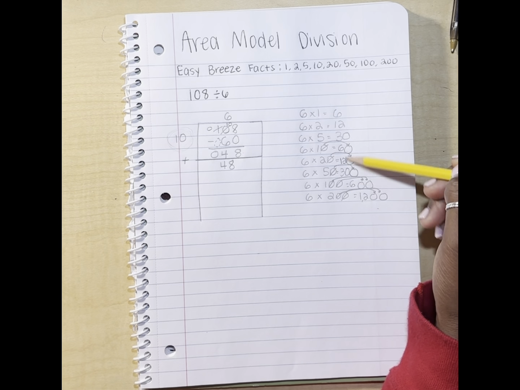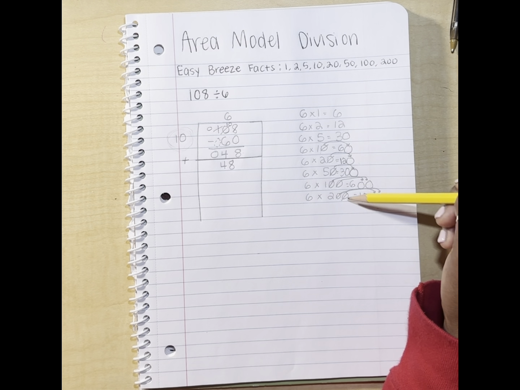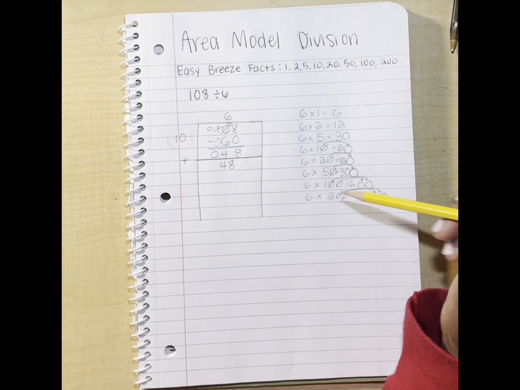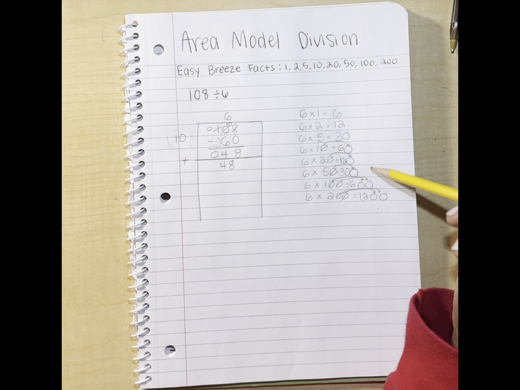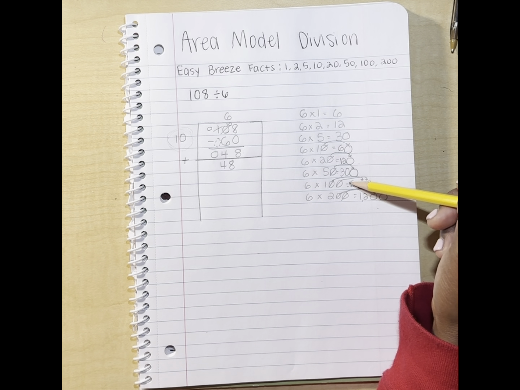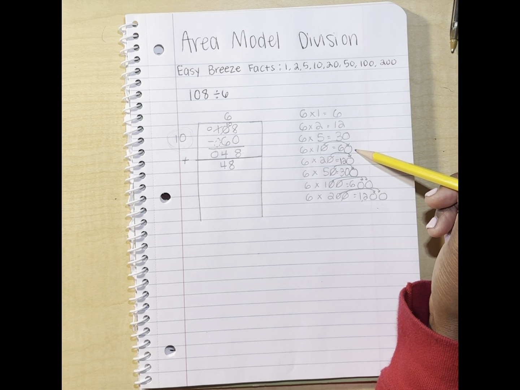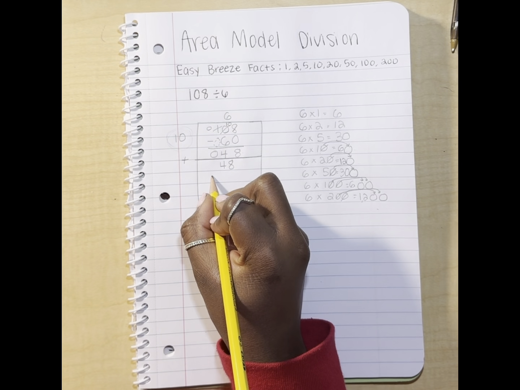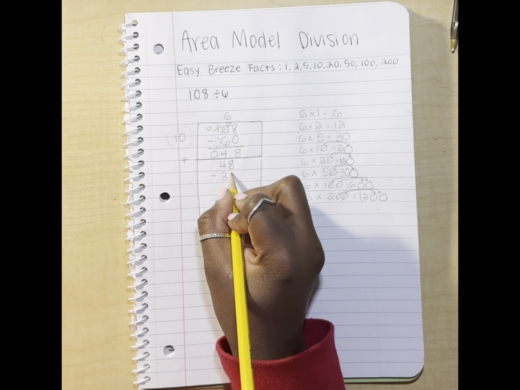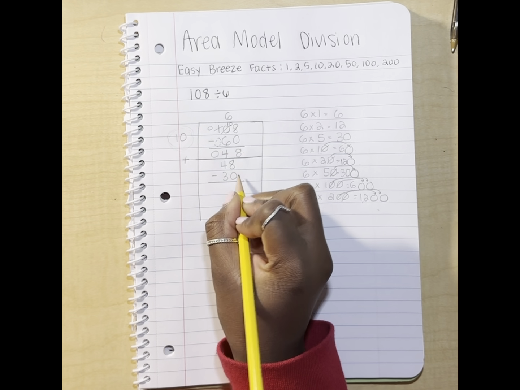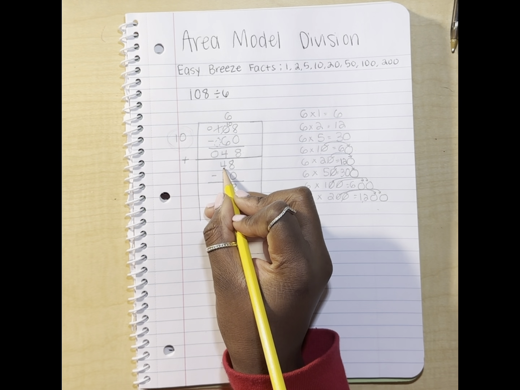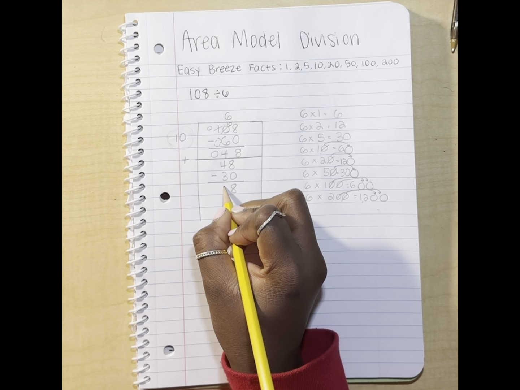We want to get as close as we can to 48 without being bigger than 48. 60 is too big this time, so we're going to do 30. And we're going to subtract 30. 8 minus 0 is 8. 4 minus 3 is 1.